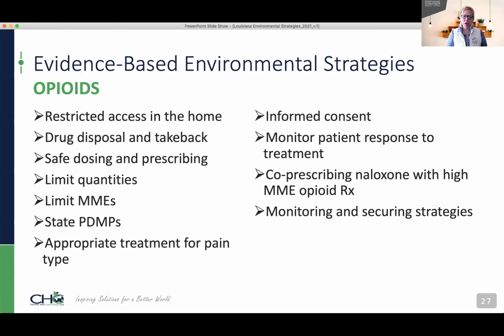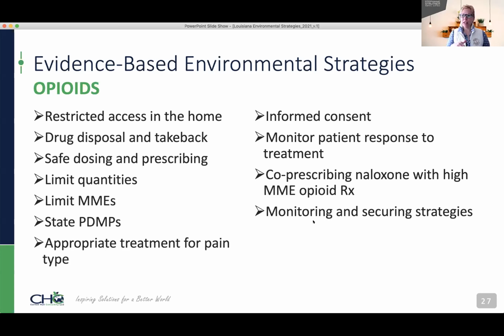So when we collaborated with our physicians to provide continuing medical education units for them, in a year and a half, our community decreased the milligram morphine equivalents prescribed for pain by 34%, just training physicians on the pain pathways and the effective pain treatments for different types of pain.